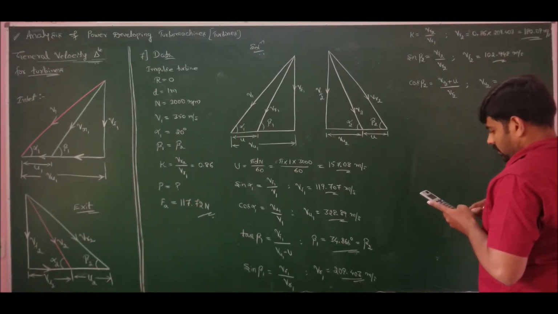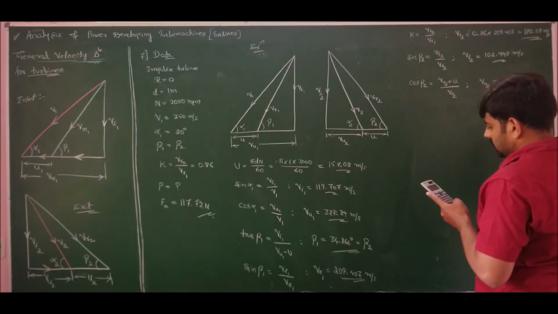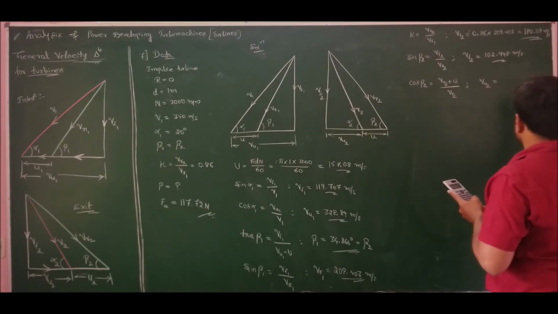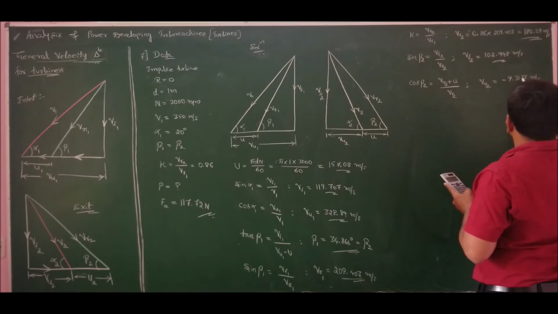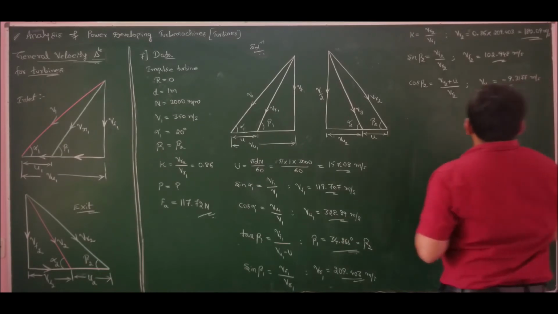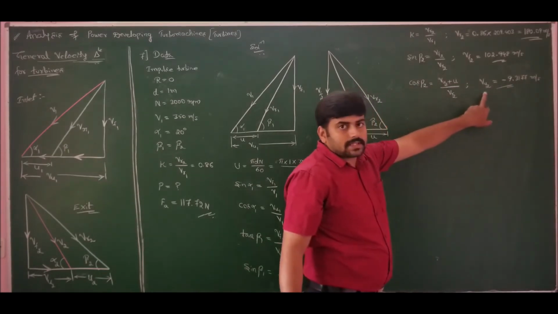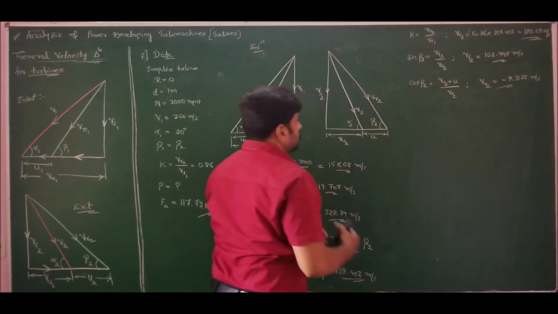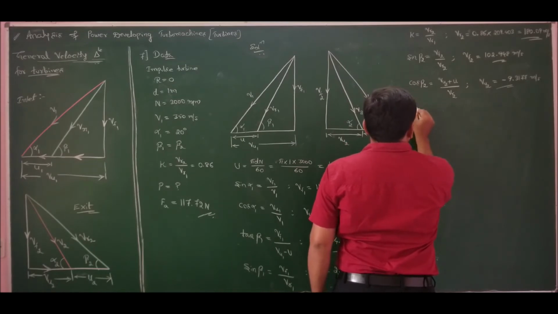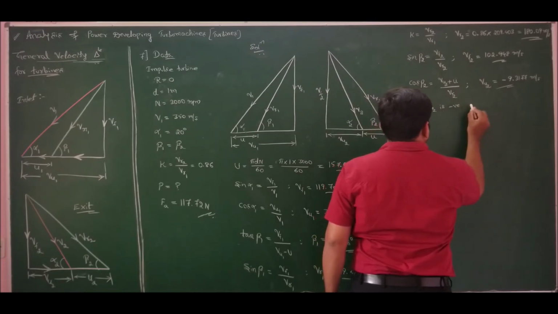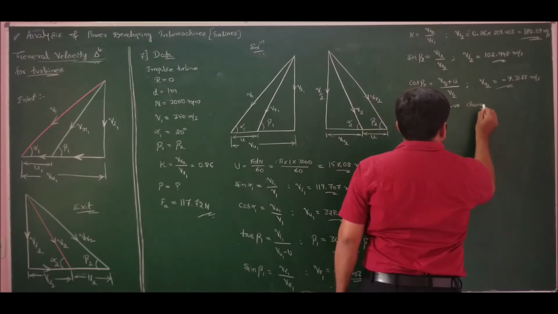If I solve, I will get the value of VU2 as minus 9.3177 meters per second. So a very important point here: we are getting VU2 as negative, so I should change the exit velocity triangle.